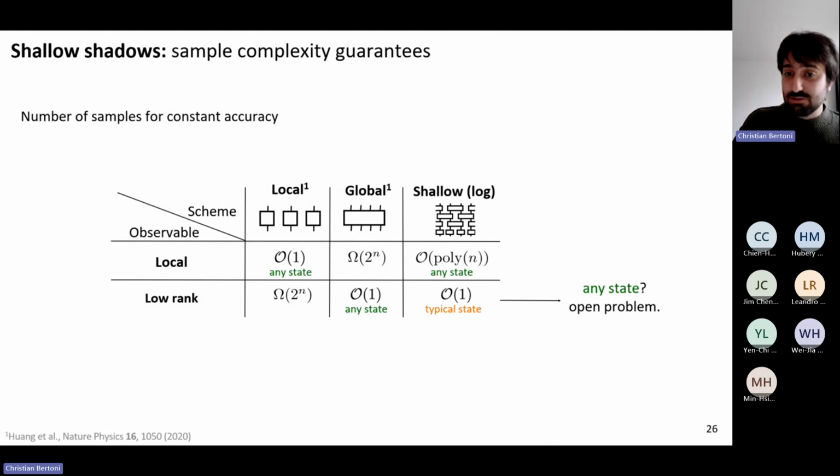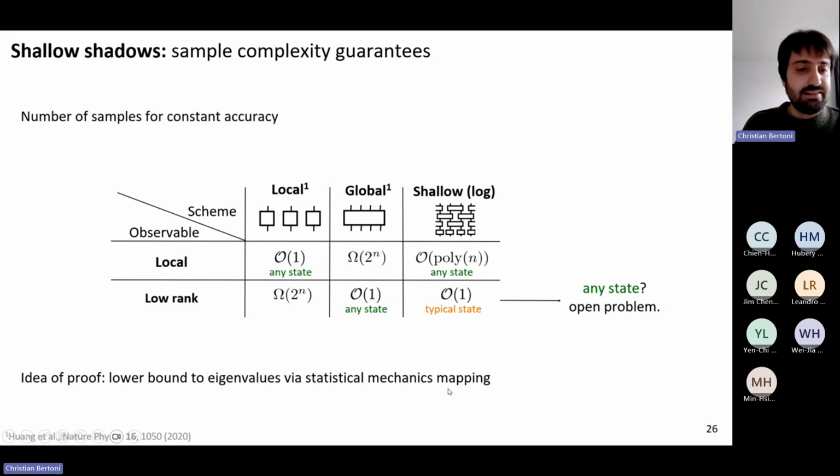This is not to say we know it to be inefficient for any state. Whether or not this is efficient for any state is an open problem that I would very much like to see solved. And this involves a complicated computation that I don't know how to do, essentially. But for typical states, at least on average, we see this sort of intermediate ensemble property where we capture both local and low rank observables at the same time, and we also have shorter circuits than the global ones.